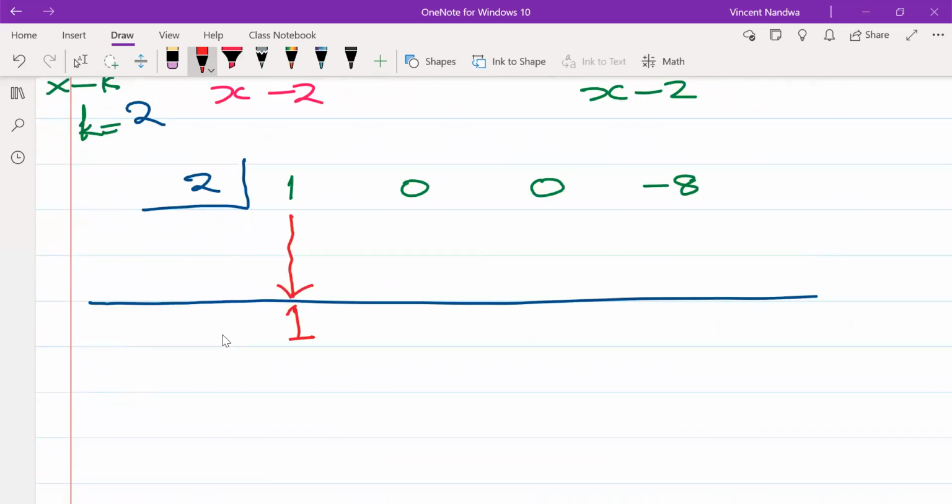So 2 times 1 is 2, and then that 2, I write it in this place. So bring down the first coefficient, take k, multiply by that number, and then the answer you get, you write in row 2. So this position here.